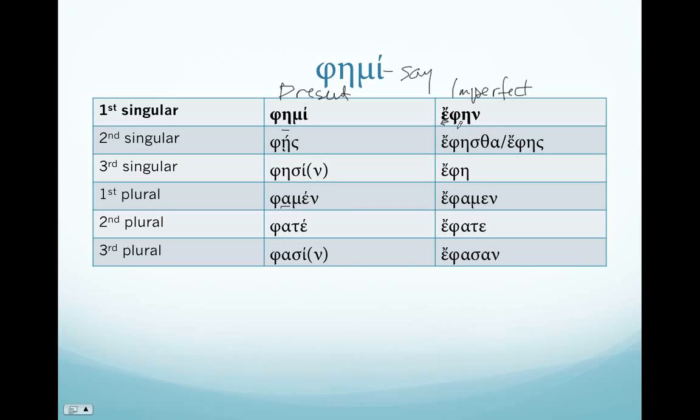They've all got an epsilon augment, and there's also that shift between the eta in the singular and the alpha in the plural. So memorize these forms. Oh, and I should add, there is an infinitive, phanai. Again, this ending later will become much more clear. It's not irregular. But memorize these forms, and you'll be much happier as you continue on in your Greek education.